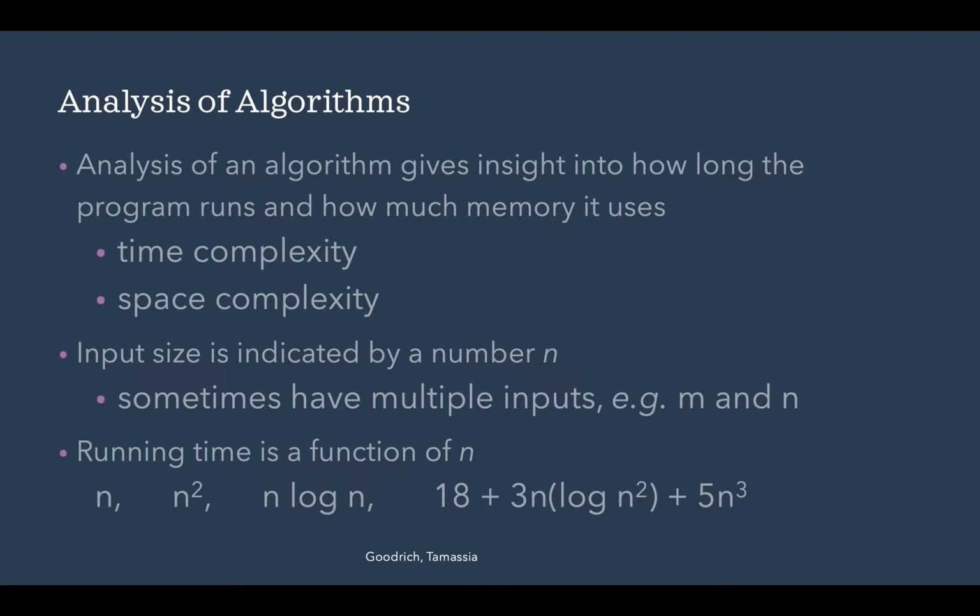Here are a few examples of running time. We normally express it as a function of n, where n is the size of the input, such as n squared and n log n. We will see in detail how to do this asymptotic analysis.